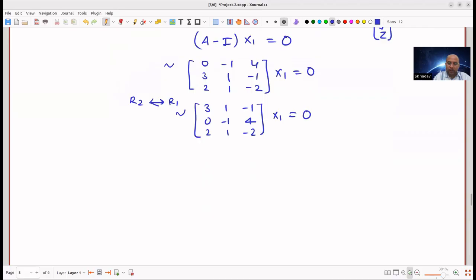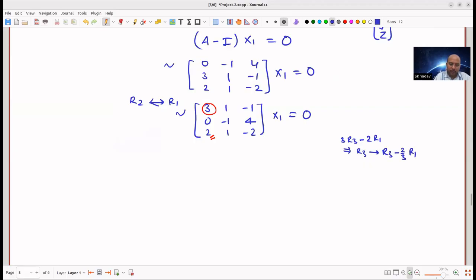Next, as 3 is now the leading element here, I have to make this 0. So first I will operate here. You can think of it like we can multiply this third row by 3. So 3 are 3 and minus 2 are 1. And this means you can write simply R3 is changed to R3 minus 2 by 3 R1.